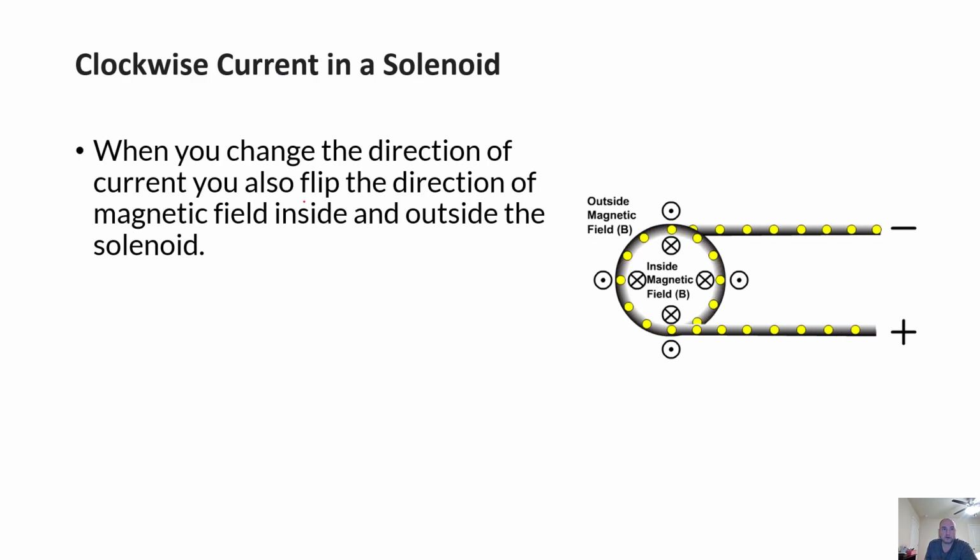So when we have clockwise current around a solenoid, now we're going around this way, clockwise like a clock. We would go ahead and grab that solenoid. We'll take our right hand, and we're going to put our right hand over here. We can grab that wire, and our fingers would be wrapping outside like this.